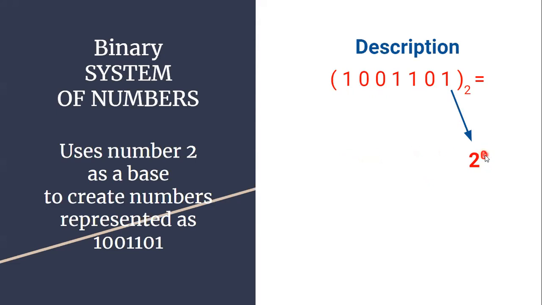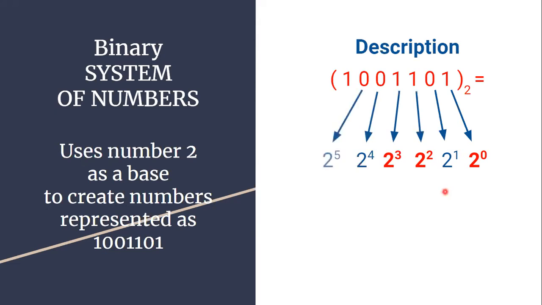I start from 0 and I continue: 2 to the power of 1, 2 to the power of 2, and so on, 0, 1, 2, 3, 4, 5, 6. These are the numbers here.